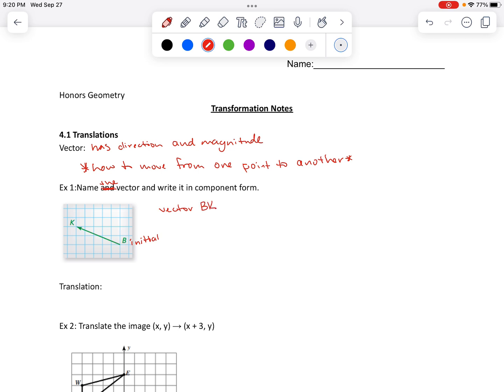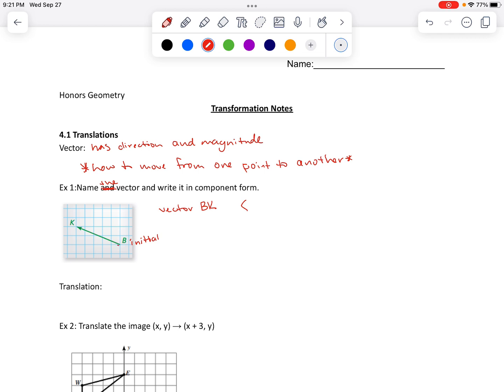In component form, what this is saying is we're trying to figure out how do you go from your B to your K? What do you have to do left, right, and up, down? So we have, it kind of looks like an inequality sign. It's really not, but just kind of mentally look at it that way. So how do I go from point B to point K?